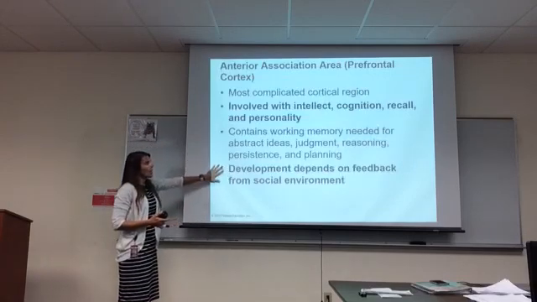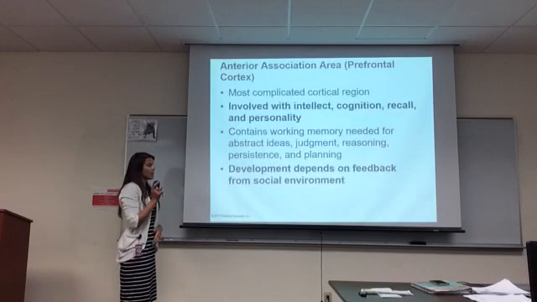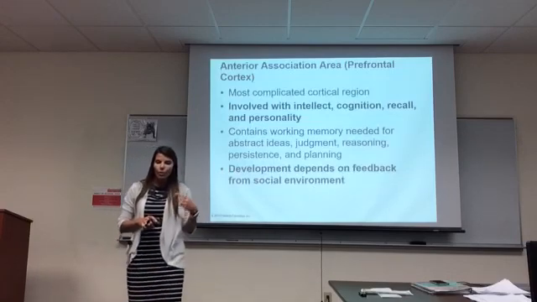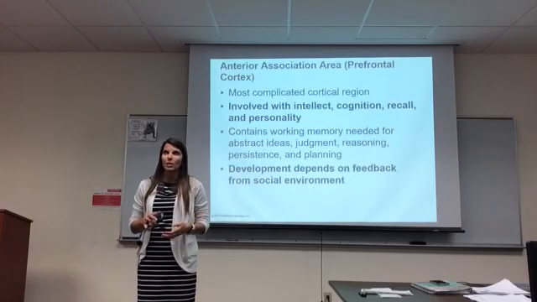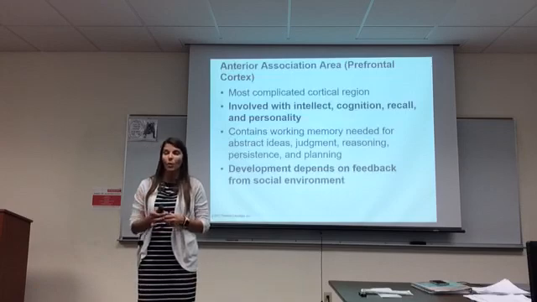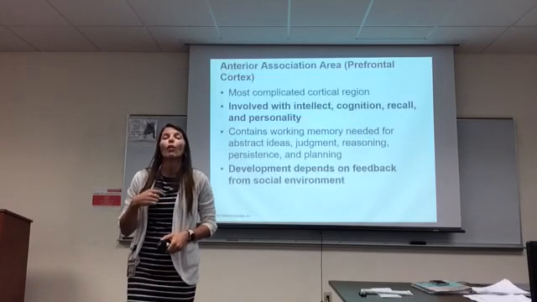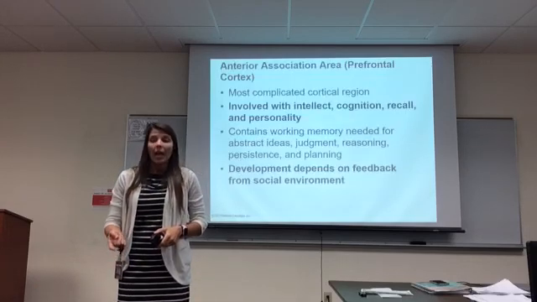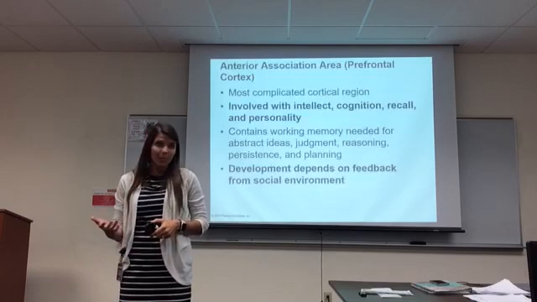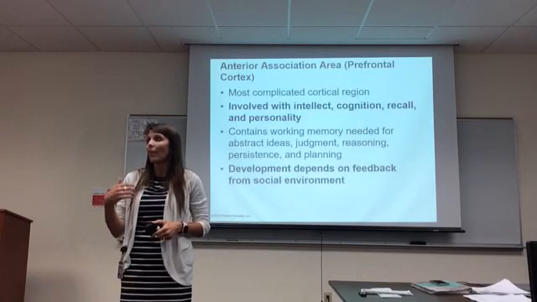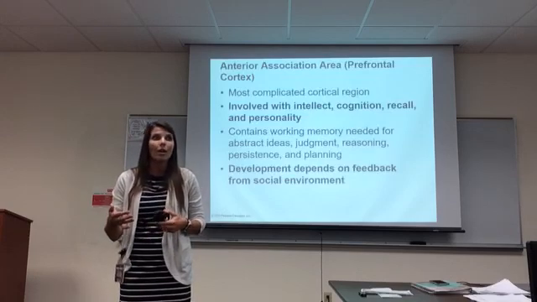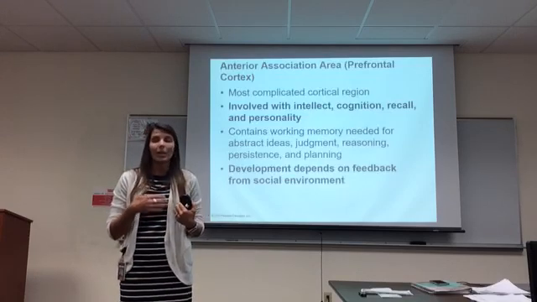So your prefrontal cortex, the development of this is dependent upon what feedback you receive from your social interactions. For example, if you have small children, when you tell them no, at first they get upset, and if you get upset back, they remember that. And then the next time they try to do it, you tell them no, they remember the feedback.